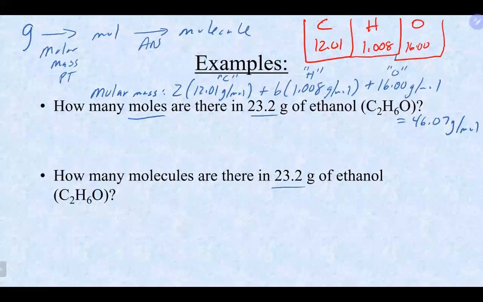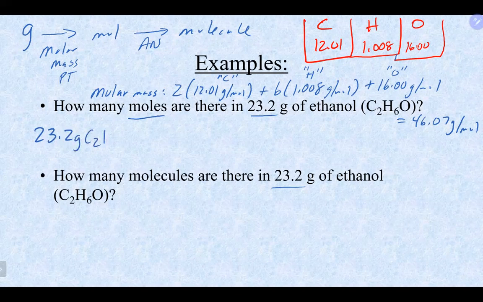Again, we're going to use that as a conversion factor. So we'll start here with 3.2 grams of ethanol, C2H6O. Once again, doing a dimensional analysis setup here, we're going to go opposites with the grams. So the grams are up on top. We need to put them on the bottom, which is essentially dividing by the molar mass.